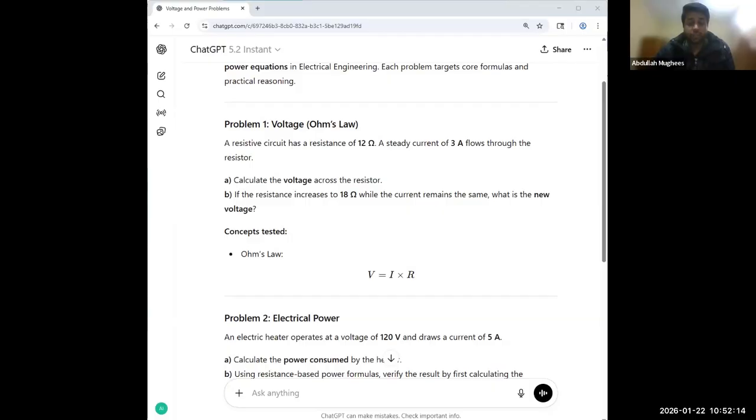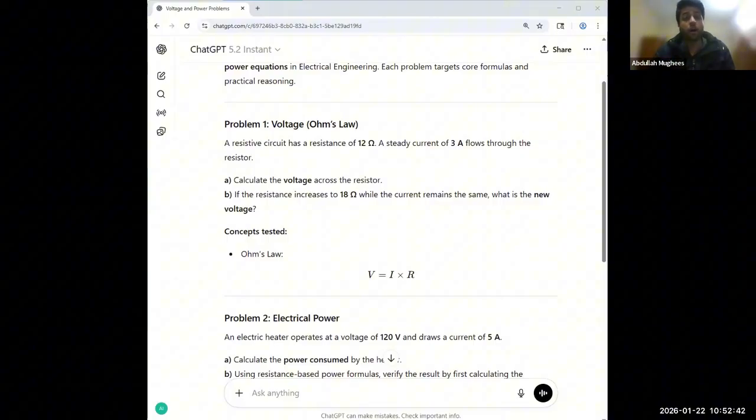Okay, yeah, exactly. So if the resistance is increasing while the current remains the same, we understood from Ohm's law that if the resistance increases, the current should decrease. But if the current is remaining the same and the resistance has increased, it means the voltage must have increased.